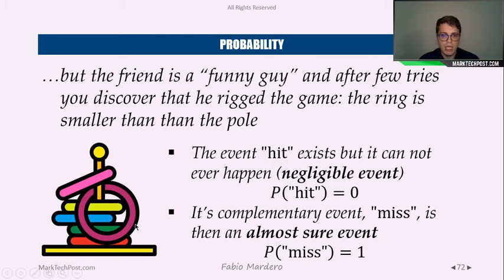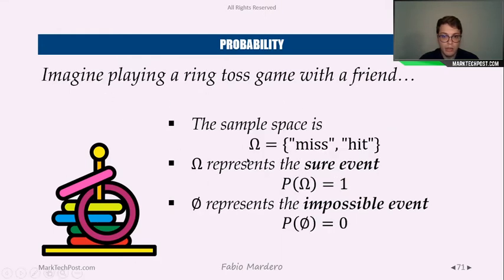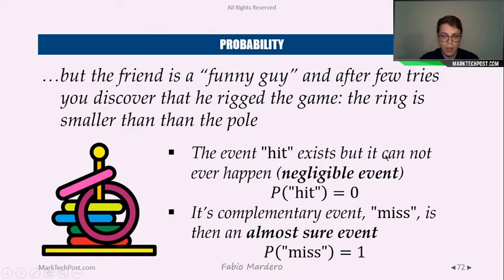What we have said so far is true, but we can detail a little bit more about the probability of the event hit and the event miss. The event hit in particular still exists in omega, but now it cannot ever happen. We have discovered that it will never happen since the game is rigged.